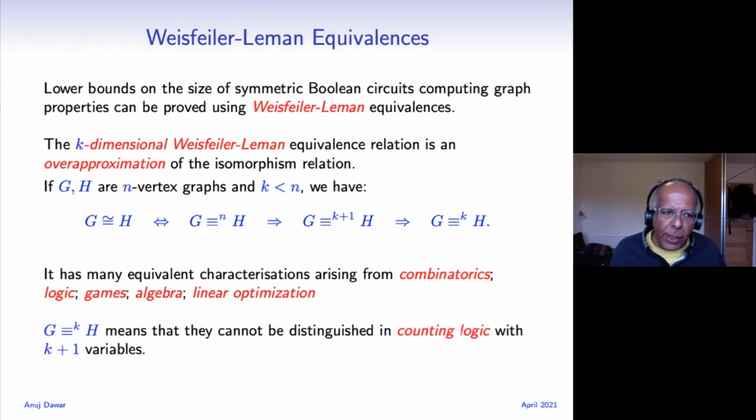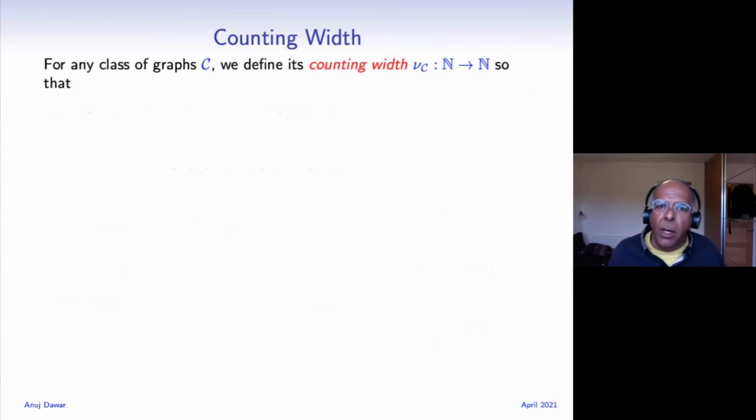In terms of logic, this equivalence relation means that they cannot be distinguished by any formula in counting logic with k plus 1 variables. Again, I'm not going to give you a definition. I mention this only because it motivates the name of this parameter I'm going to define next.